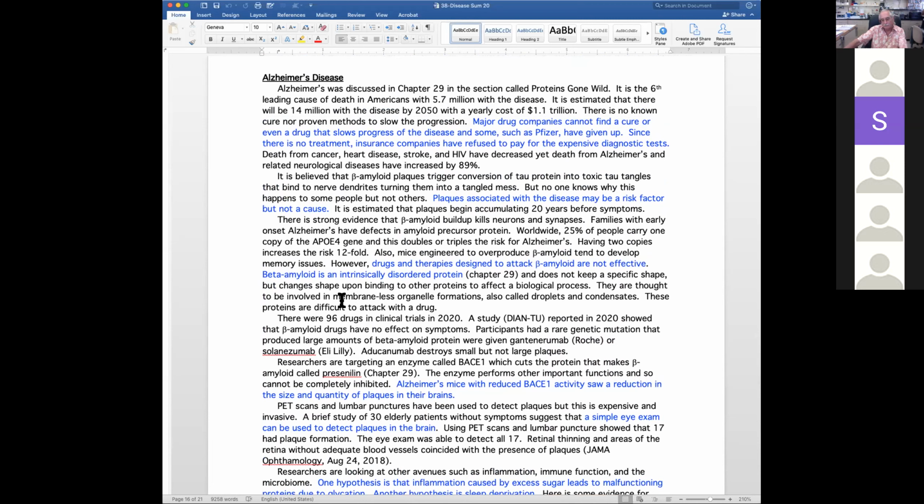Then when you look at people with Alzheimer's, some of it is what we call early onset. They get it way before they're supposed to. Sometimes people are diagnosed and then the disease progresses extremely rapidly. But for most people, it's not very rapid at all. It's just a slow decline.